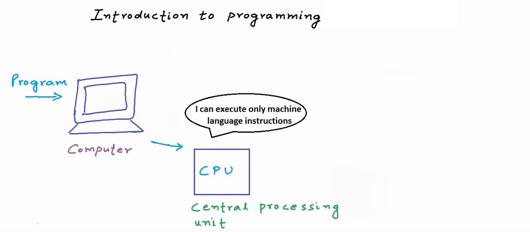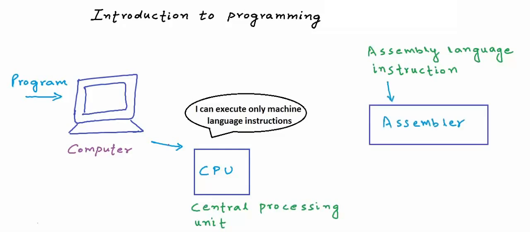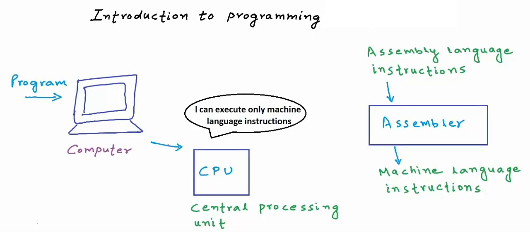Well, you can write your logic in assembly language, and then you can pass the assembly language instructions to a program named assembler, and this assembler will generate machine language instructions corresponding to the assembly language instructions. So basically someone wrote a program named assembler, and with assembler programmers could write a little more readable instructions in assembly language. But there was a problem with assembly language.